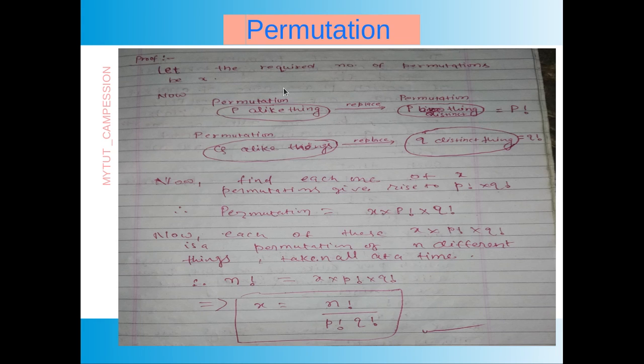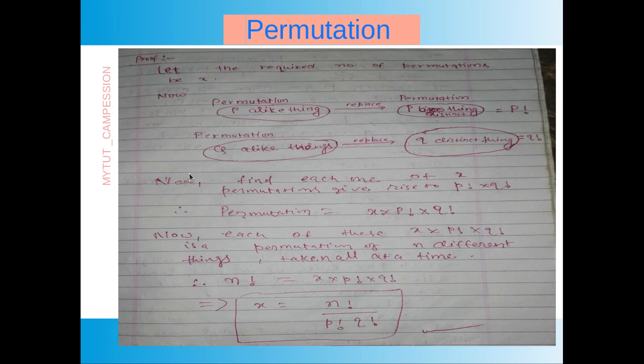Now if the permutation of p alike things is replaced by p different things, the permutation possible is p factorial. Similarly, the q alike things replaced with q distinct things give q factorial.